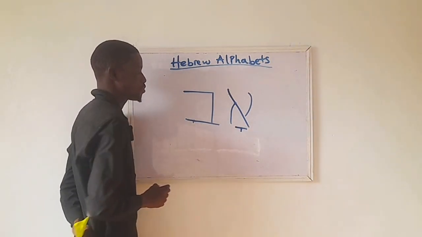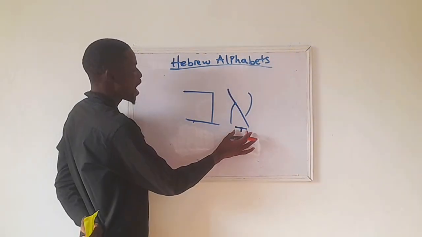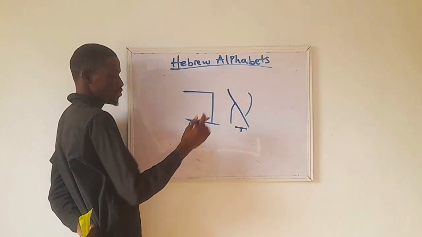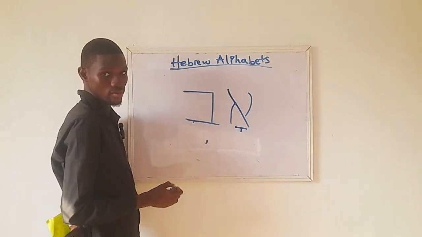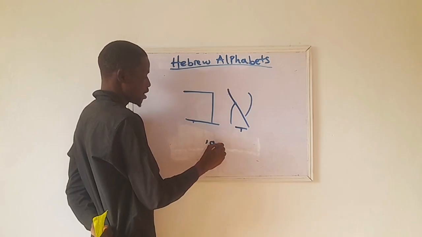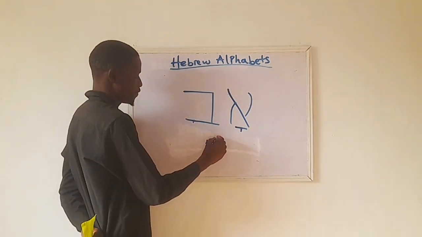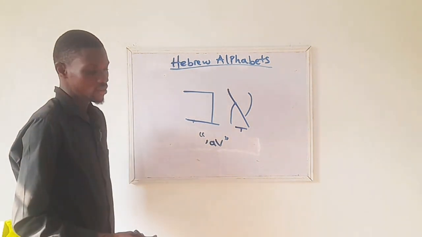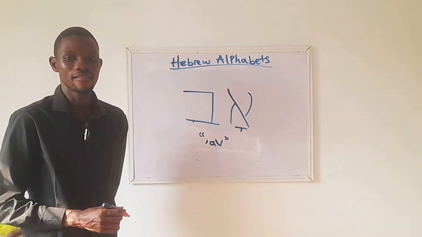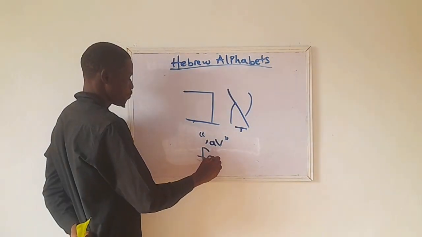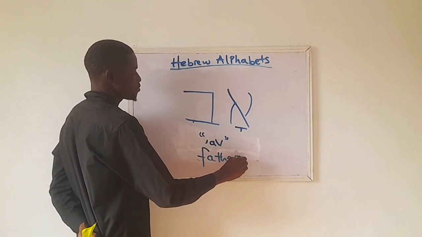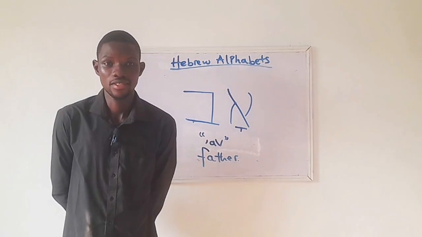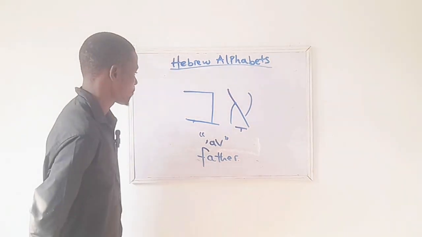This particular vowel marking is the short A sound. Remember, the Aleph is silent. Then you have the A sound, then you have the V. So this is av. This is silent. We only pronounce the av, and that's the Hebrew word for father.